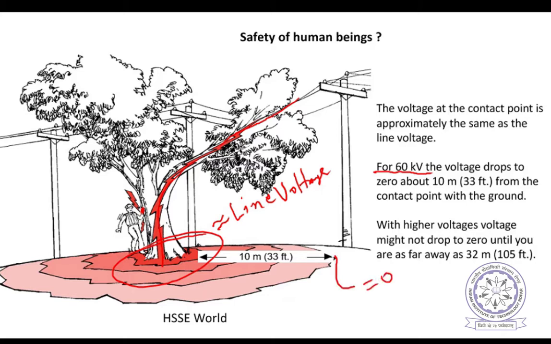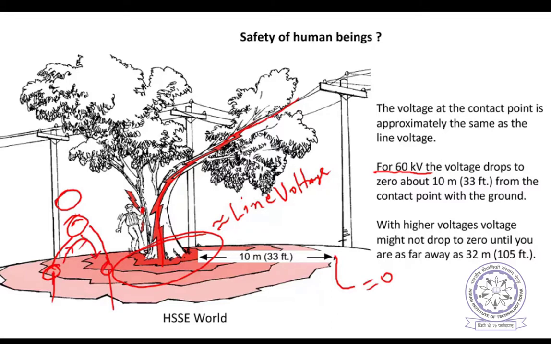So what actually is dangerous to a human being? It's not the absolute potential, but the potential difference between two touching points. For example, if a human being is standing with one leg here and another leg here, there will be a potential difference between this leg and this leg, so obviously current will flow through this path.